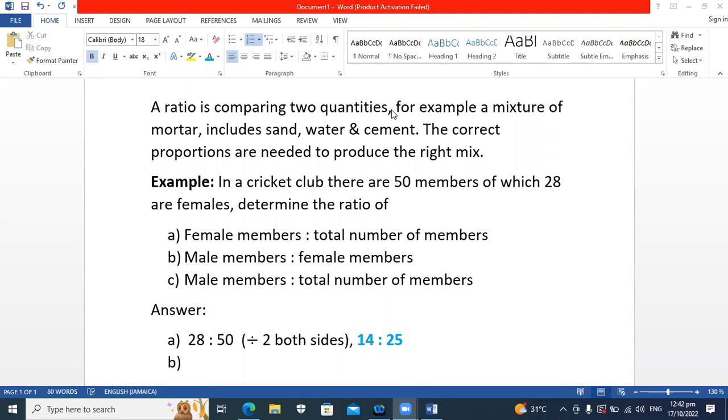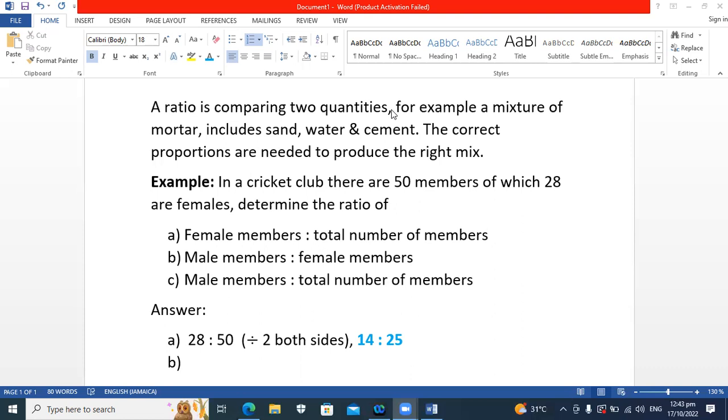But there's a rule in ratio that you always have to divide your answer in its simplest form. The highest common factor of 28 and 50 is 2. So I divide everything by 2. 2 into 28 goes 14, and 2 into 50 goes 25. So the answer is 14 to 25.